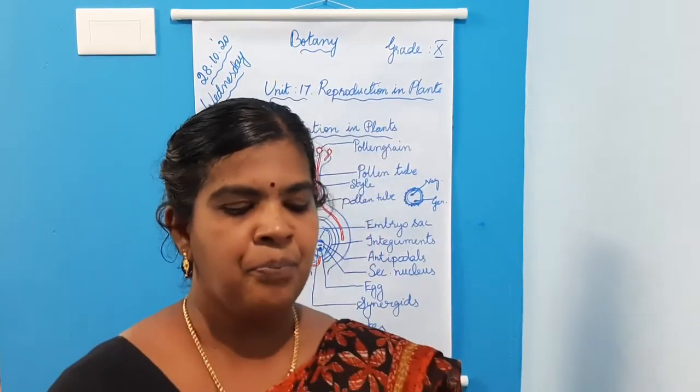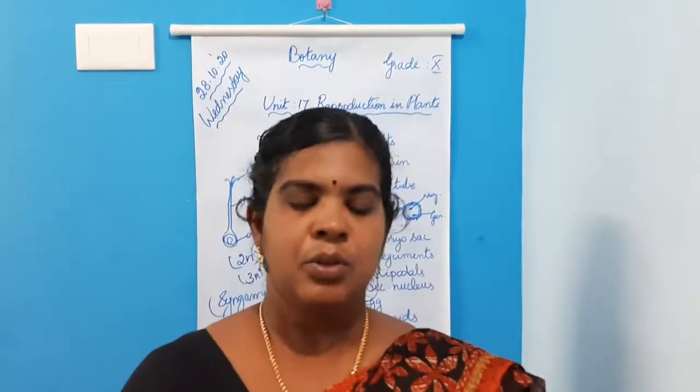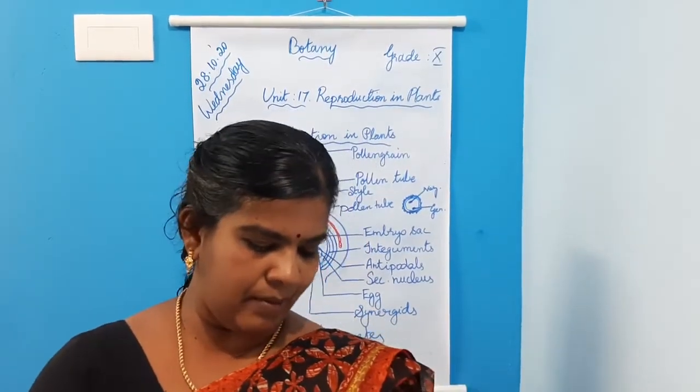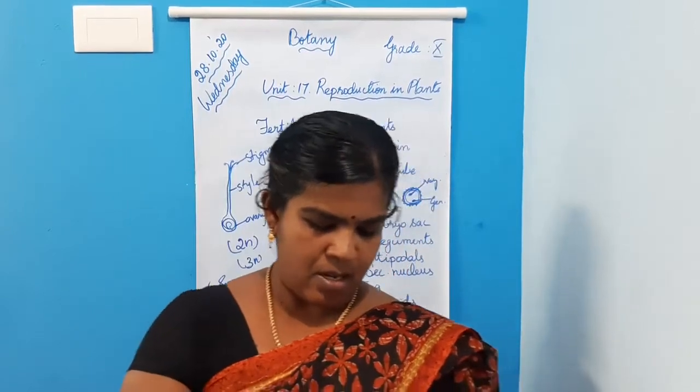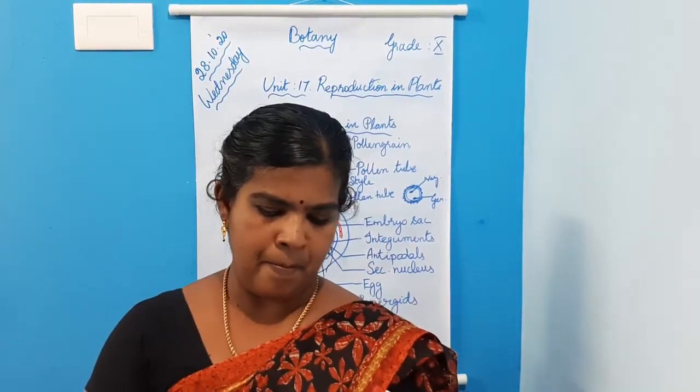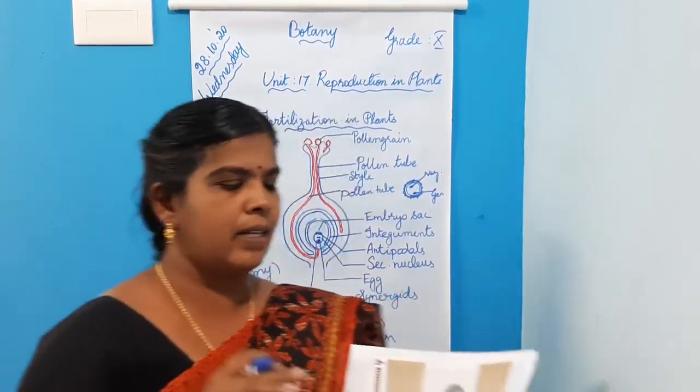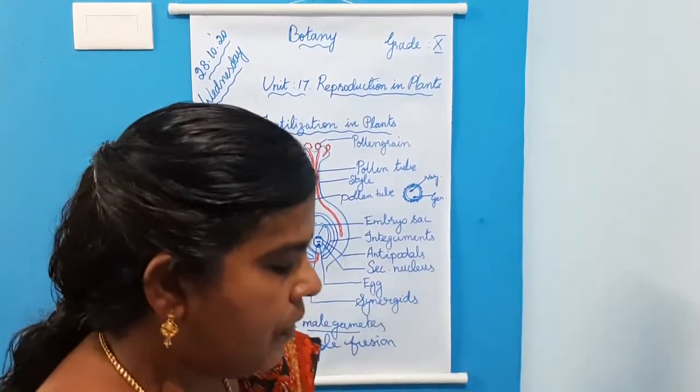Okay, children, you have to mark the question answers now. Turn to page 257. Fill in the blanks, Roman numeral 2.